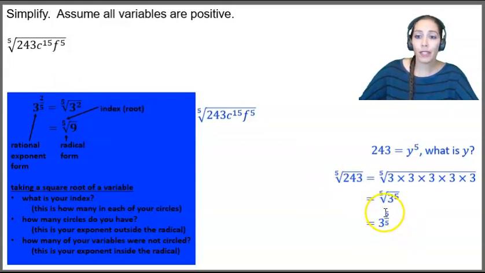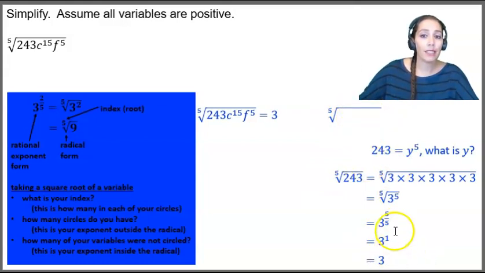So what we really have is 3 to the 5th, 5 over 5. And 5 over 5 actually reduces to 1. And anything raised to the first power is the base, which is 3. So in this problem here, I will have a 3 on the outside. I will not have any whole numbers on the inside of my radical sign because there was nothing else left over. It was a nice even 3, so that's all that's going to be on the outside.